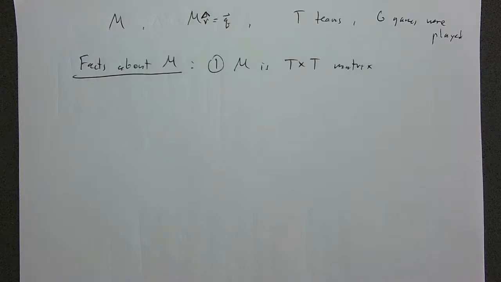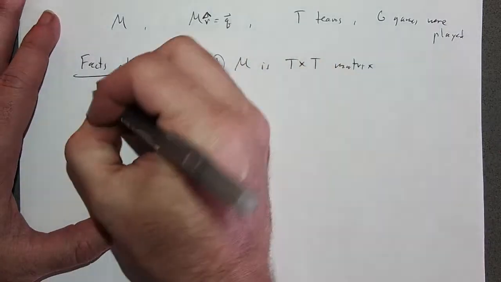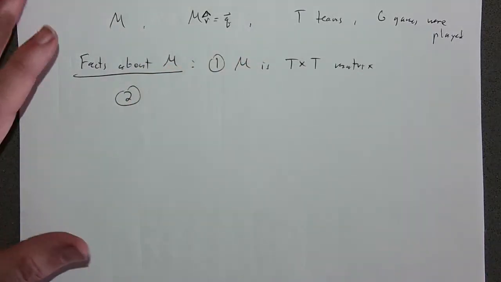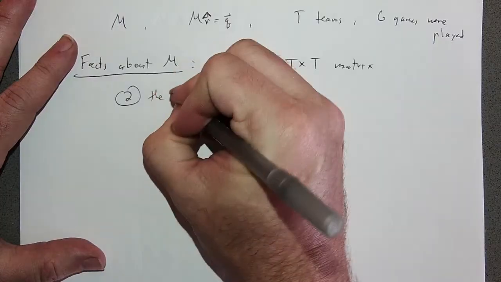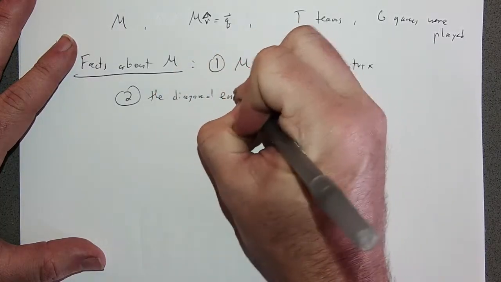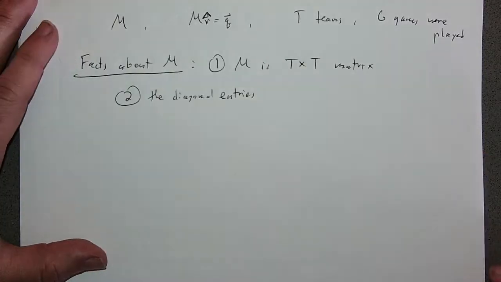Okay, but the first way to see that is the second fact: the diagonal entries. It makes sense to talk about diagonal entries now since this is a square matrix.